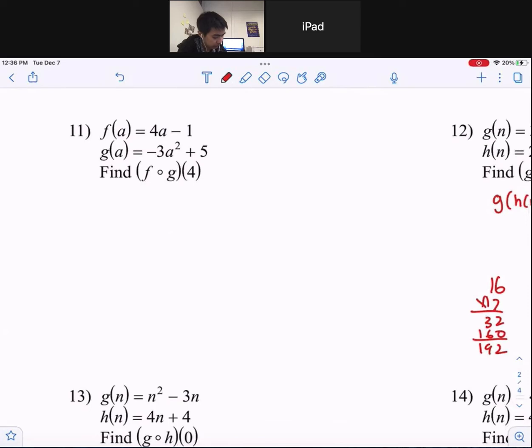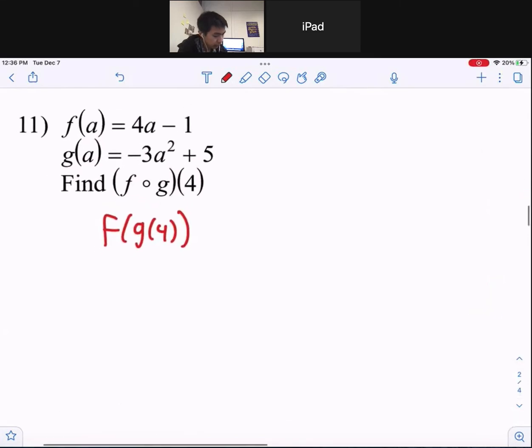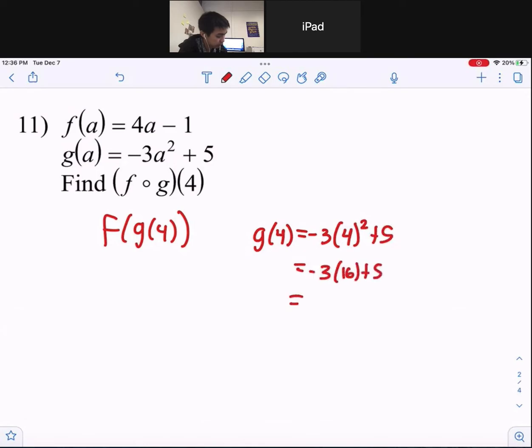Number 11, f of g of 4. So plug in 4 into your g function first. Negative 3 times 4 to the second plus 5. 4 to the second is 16. Negative 3 times 16 is negative 48 plus 5, which is negative 43.